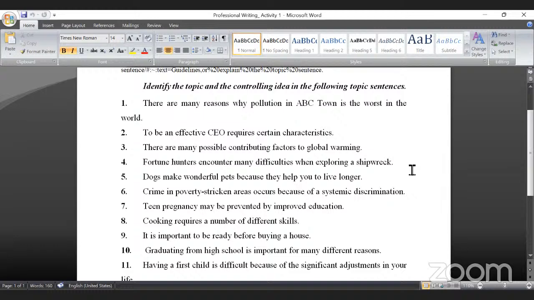All right. 5th one, dogs make wonderful pets because they help you to live longer. What do you think the paragraph is going to talk about? It has because. Controlling idea, topic.